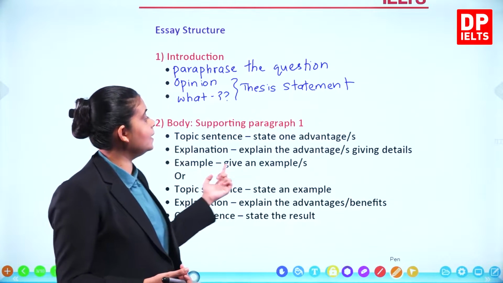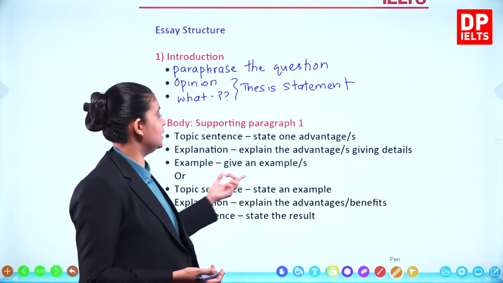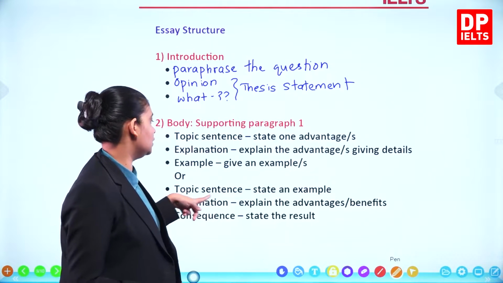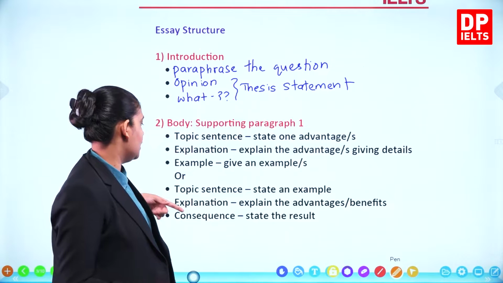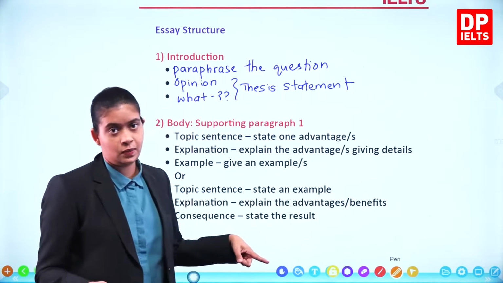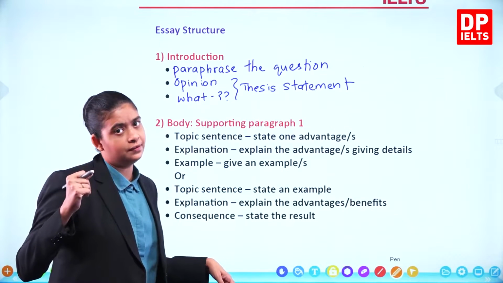So you explain more about it and you give details, and then you write an example. Or depending on the question, you could write the topic sentence, explain it, and then talk about the consequences, so state the result. It depends on the question.